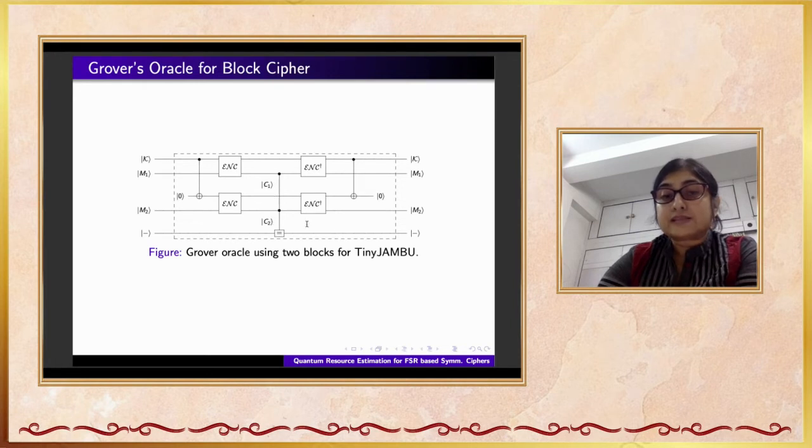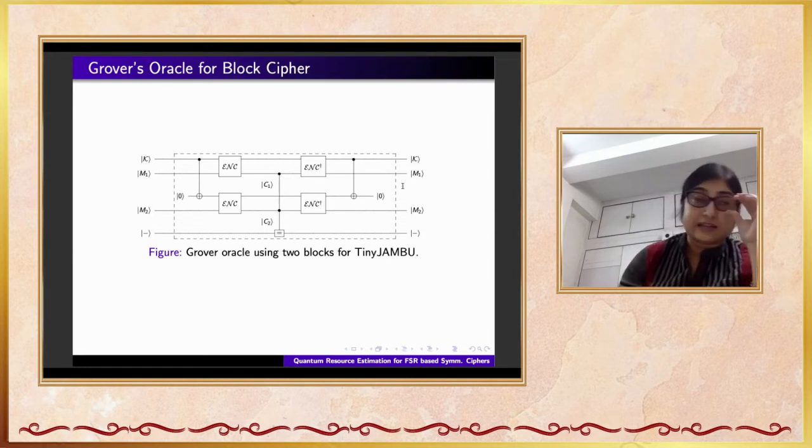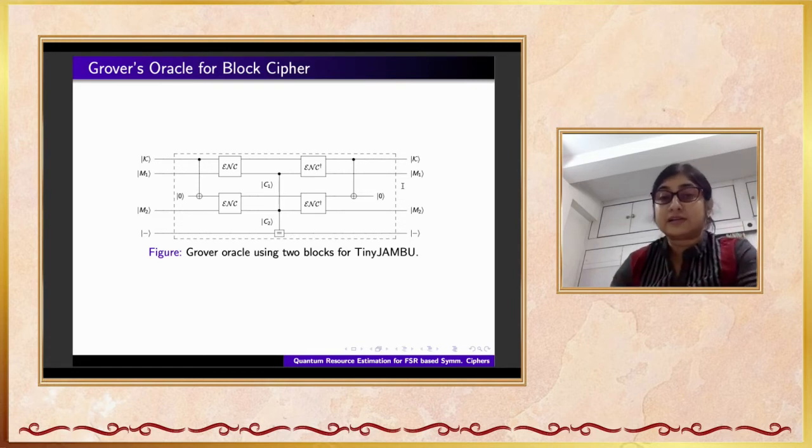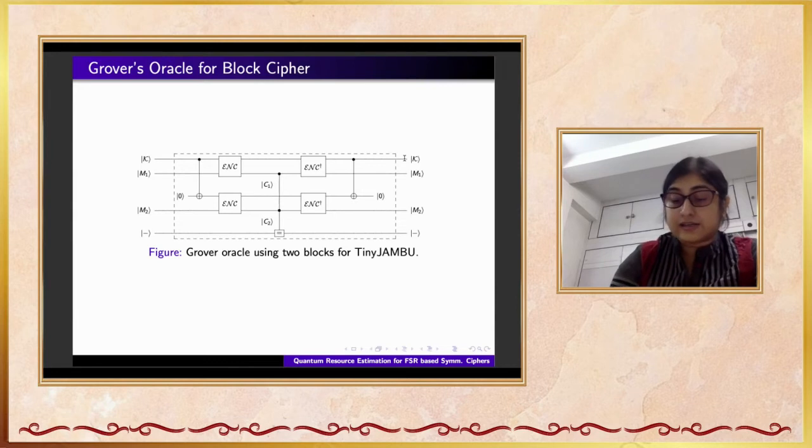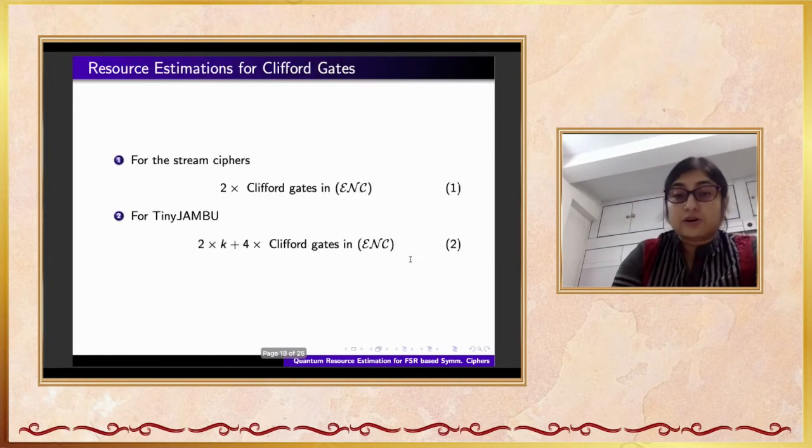If the outputs match, then the target bit is flipped. Then we apply ENC dagger, k many Hadamard gates, UO bar, and k many Hadamard gates, and we repeat all the operations root k many times. Finally, we measure the first k registers to find the secret key. This is the circuit, and here we consider TinyJumbo as the block cipher, so we wrote the Grover oracle using two blocks for TinyJumbo. So this is the circuit for the stream cipher and this is the circuit for the block cipher.